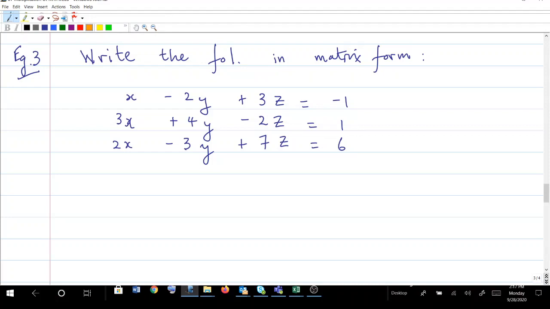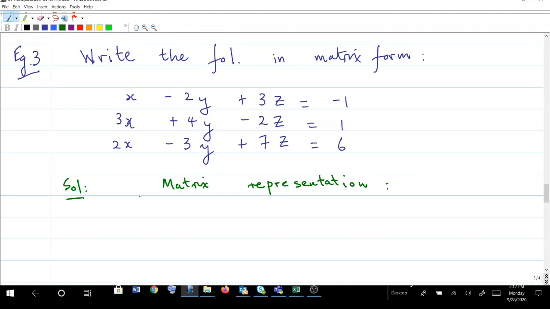So here, the solution for the matrix representation. Right?